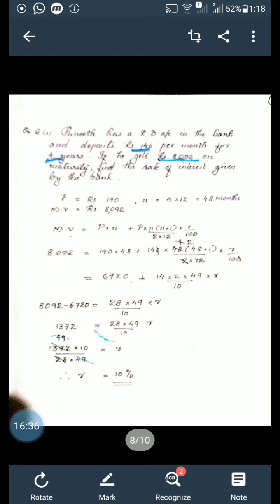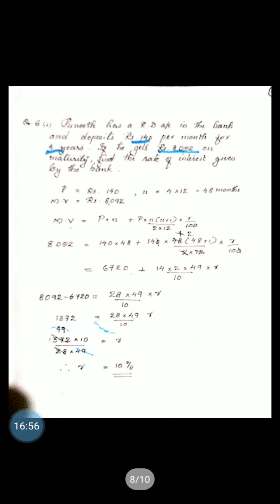Simplify that. When you simplify, the first term becomes 140 into 48, which is 6,720, plus 14 into 2 into 49 into R by 10. When you simplify, you will get this.